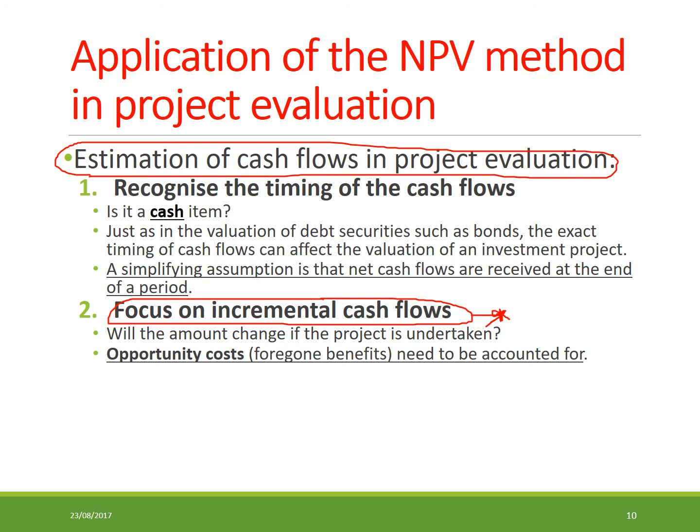So the current rental income is not generated from the coffee shop, but it's related to the coffee shop, because if I choose the coffee shop, then I have to sacrifice the $10,000 in rental income. So opportunity costs are foregone profits that happen because we choose to invest in a certain project. So these cash flows, although they are not related directly to the operation of the project, are affected by the project.